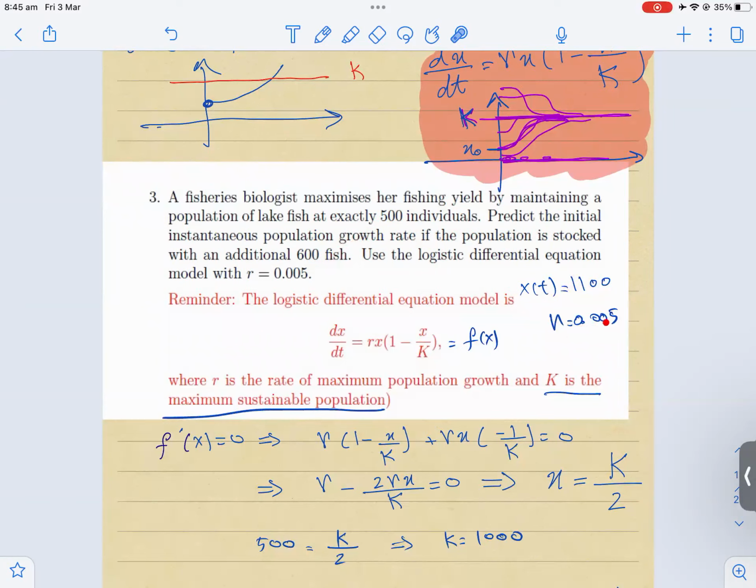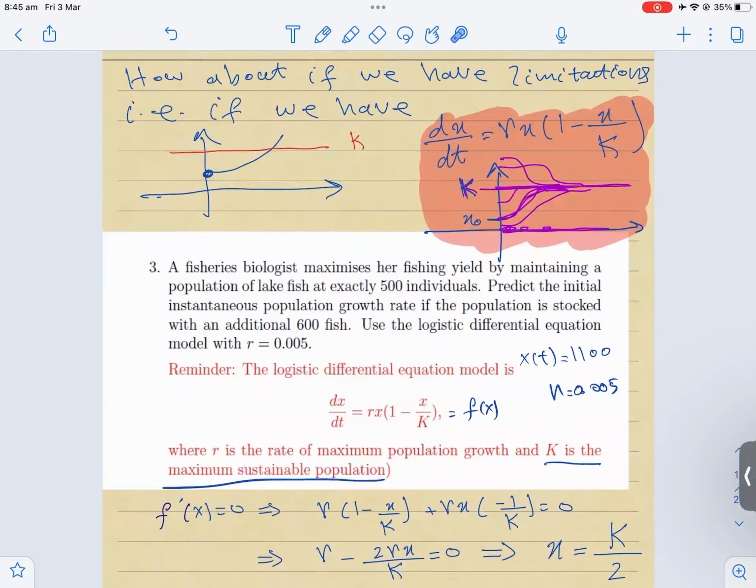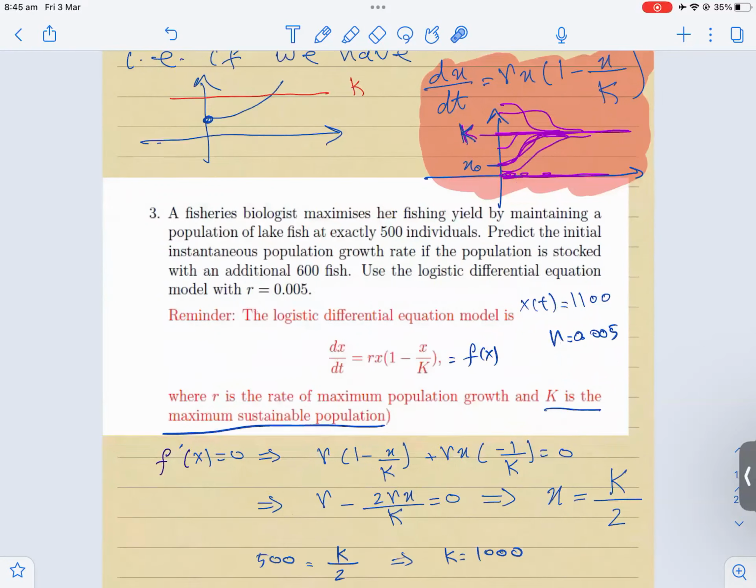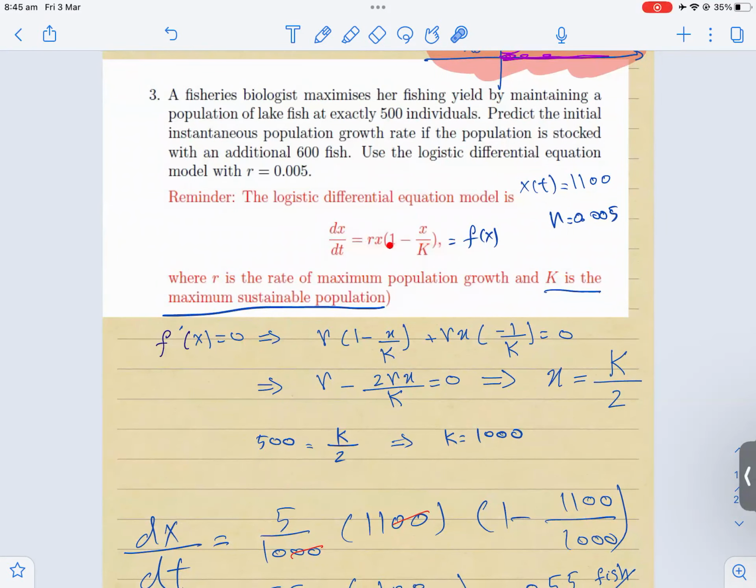The r is 5,000. So K, as I said, K is the limitation, the maximum. So f prime x, the rate of the change, must be 0. Okay, so let's assume that this is f of x.